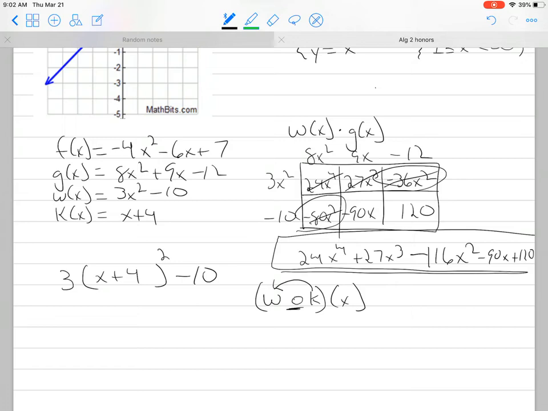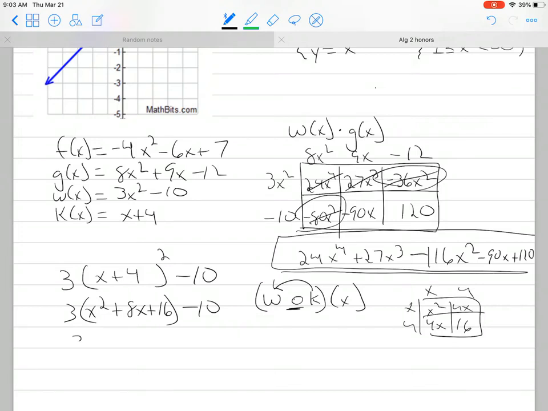And now I need to go ahead and simplify right here. So x plus 4 squared is x times x, x squared, 4x, 4x, 16. So that is x squared plus 8x plus 16 times 3 minus 10, which is 3x squared plus 24x plus, 16 times 3 is 48, plus 48.